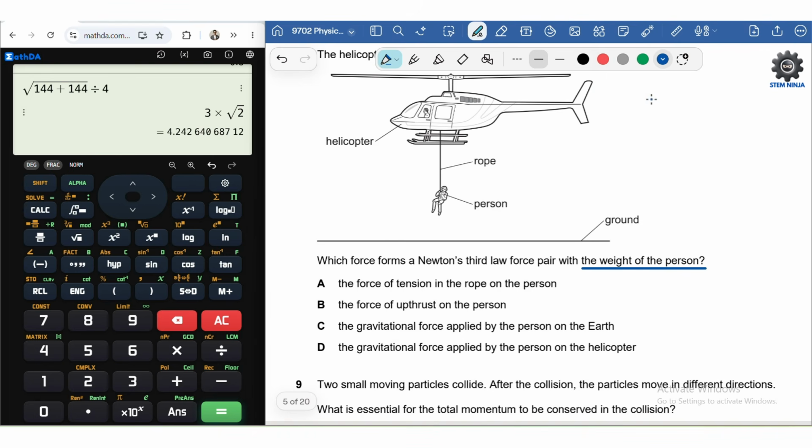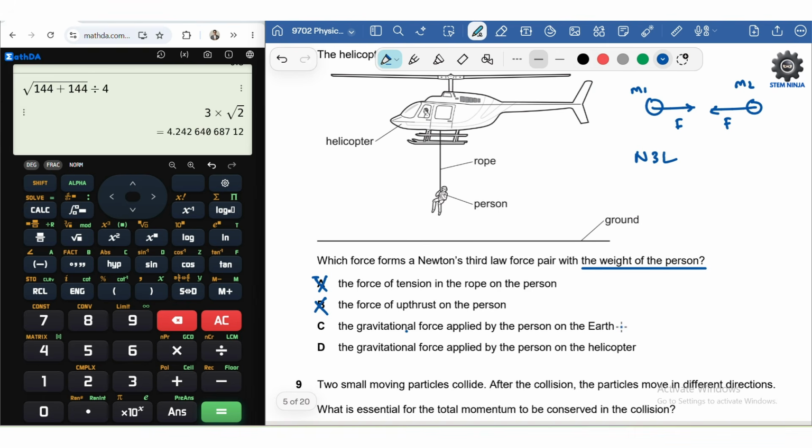Okay, so basically remember, if you have two masses m1, m2, they both exert gravitational forces on each other, which are going to be equal but opposite in direction, according to Newton's third law, right? So the tension force in the rope on the person has nothing to do with Newton's third law. Force of upthrust on the person, once again, nothing.